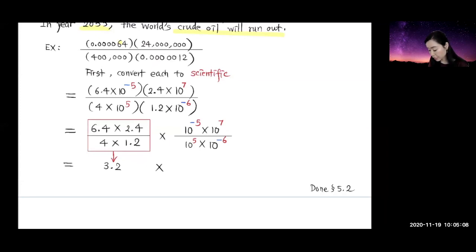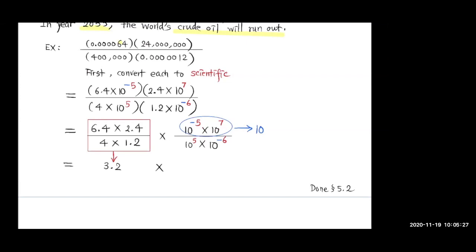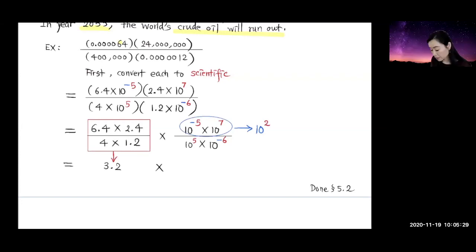First we can simplify this numerator on top, right? Remember when they multiply and have the same base, you keep the base and you add the exponent. So negative 5 adding 7 will be what? 2. Good. Now the denominator here, you also add the exponent, right?